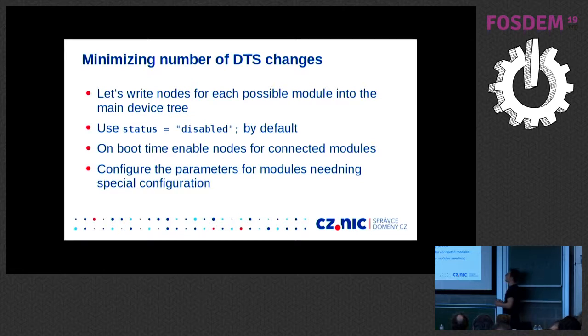So I asked myself how to do it so that the code will look nicer. And I decided that the right metric was minimizing the number of changes that the code in U-Boot has to do in the device tree, so that it can boot the device correctly.